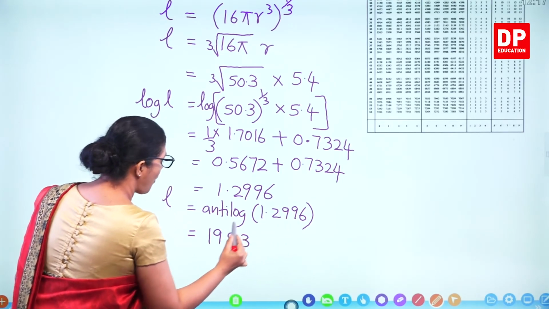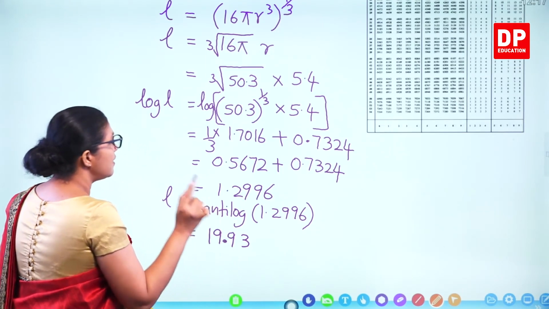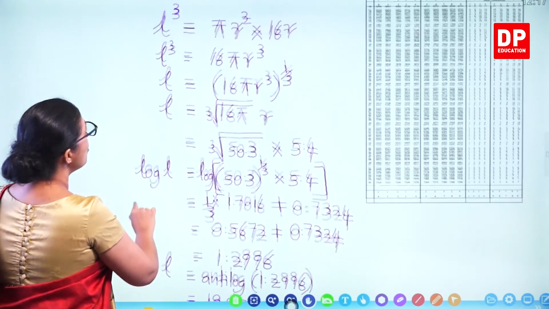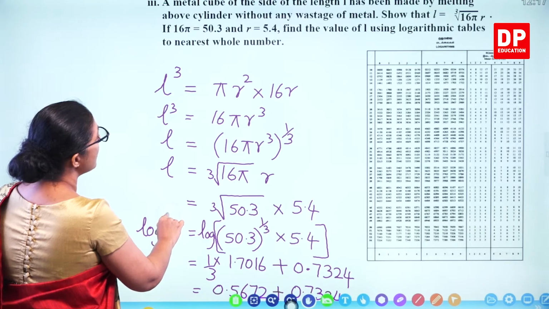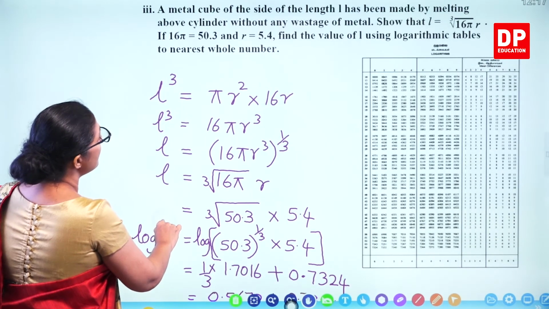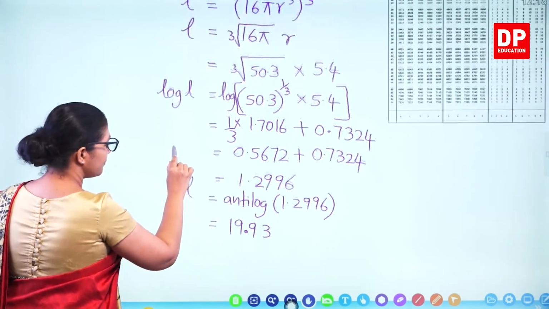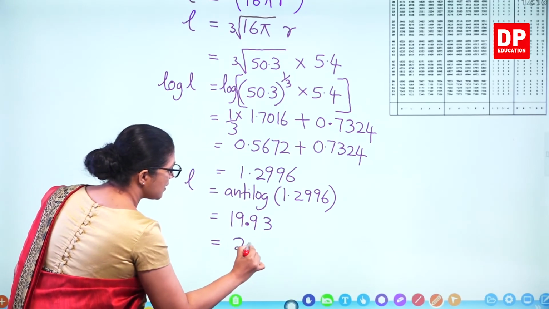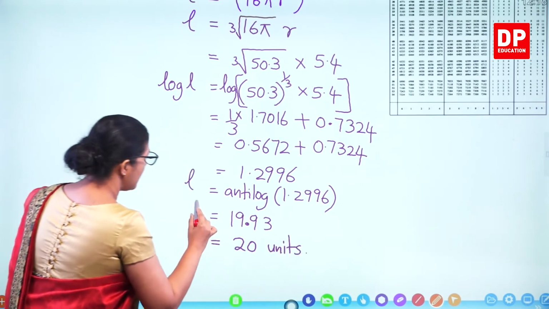This one point means here 19.93. So this is correct to the nearest whole number we have to find. Nearest whole number, and the units are not given. That means 20. 20 units is L.